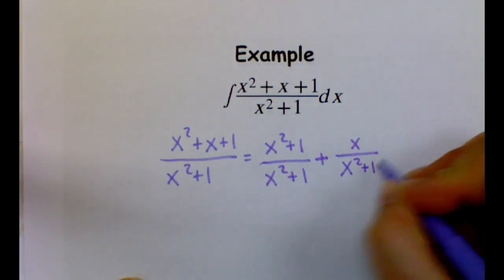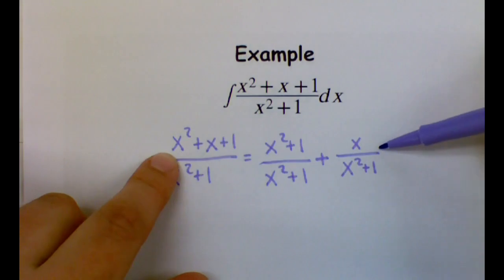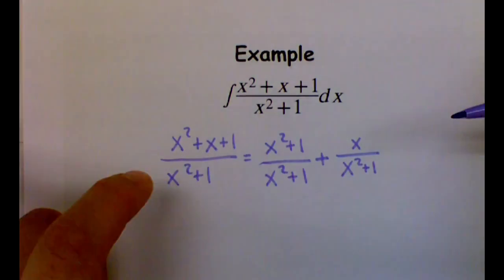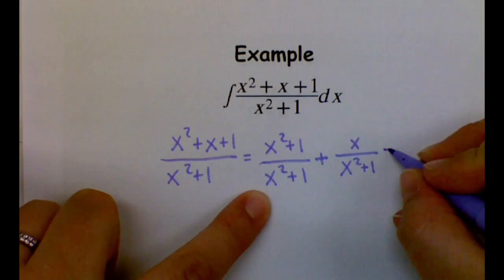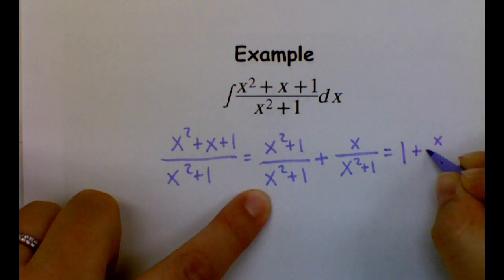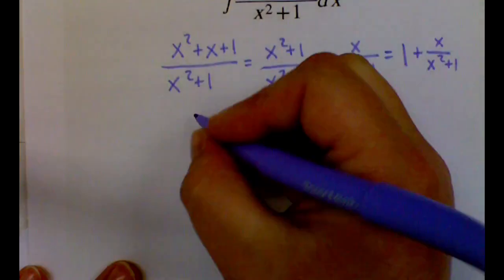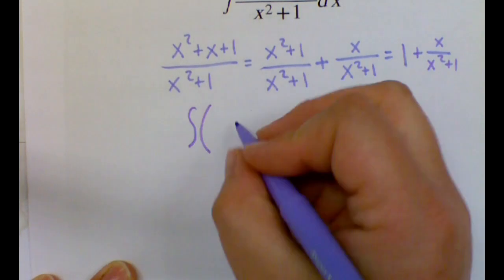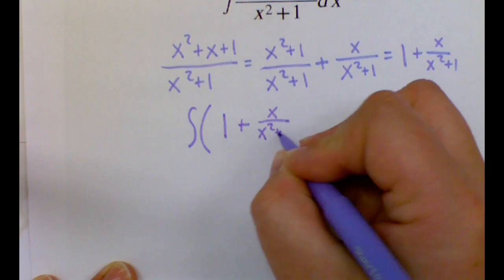I could break it into as many pieces as I want, but this way, putting the x squared and the 1 together, putting the x separate, works out nicely. Notice that they both have the same denominator, but this first fraction becomes 1. Now, I just rewrote my integral as 1 plus x over x squared plus 1 dx.